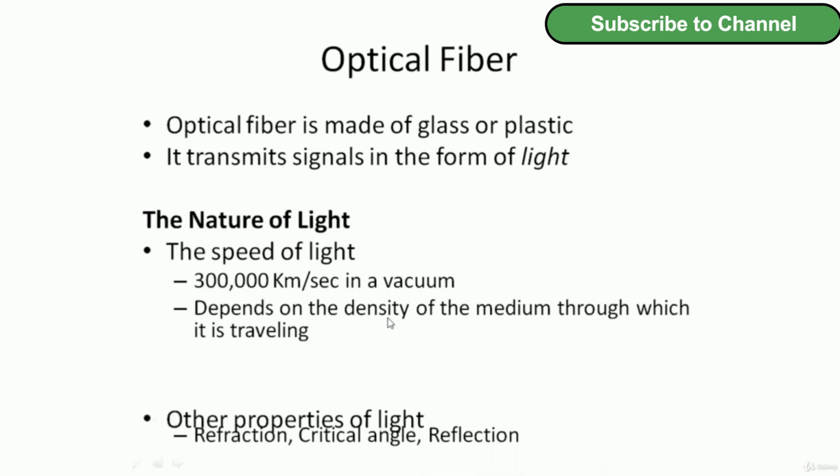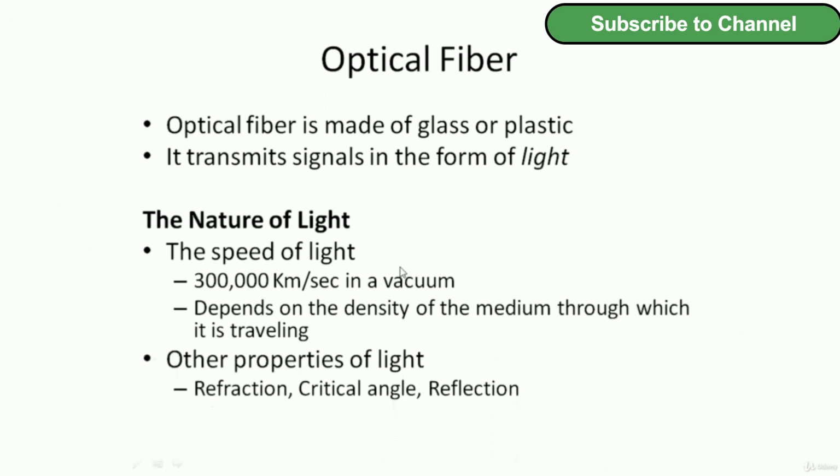So the signal transmits at the speed of light. So the transmission rate is very fast, and this is the main advantage of using the optical fiber cable. Other properties of light are refraction, critical angle, and reflection.